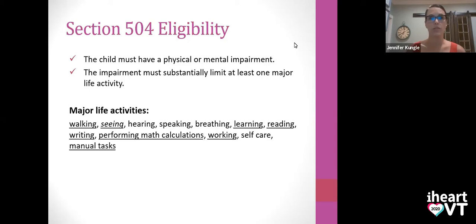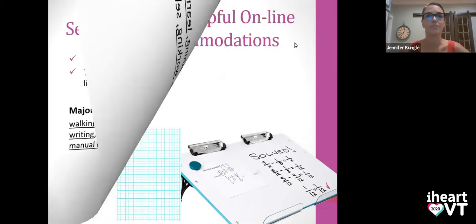And you do need a comprehensive report that really clearly outlines how it is affecting the child. And then we need to specifically list the accommodations that we wish to have written within the Section 504 plan. And so those are some of the things we're going to get into next.